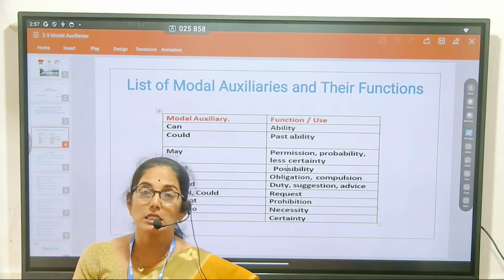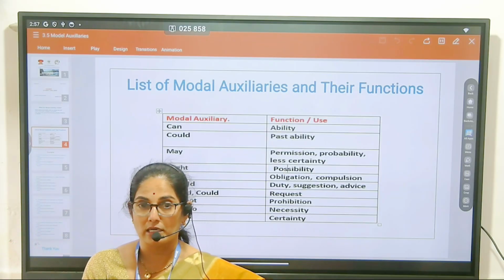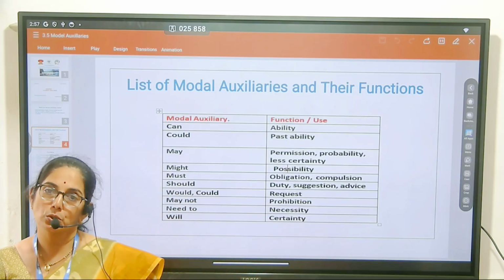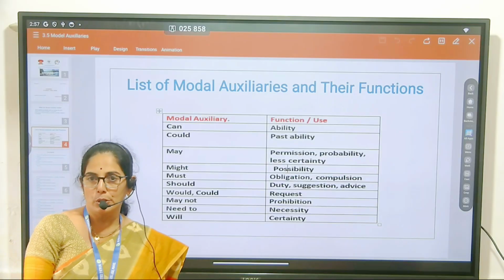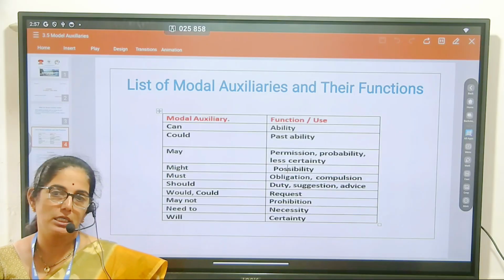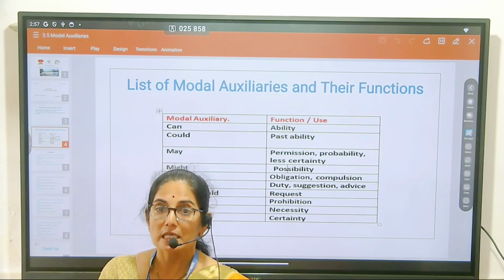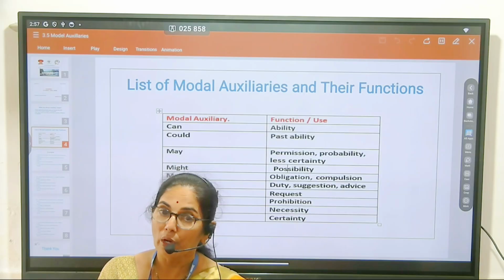Need to indicates necessity. When there is a necessity, we have to use the modal auxiliary need to. And the last modal auxiliary we have is will. Will denotes certainty. It means something should happen in the future. Certainty is there, so that time we have to use will.